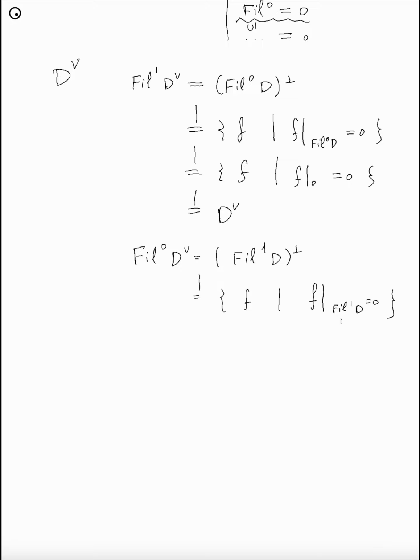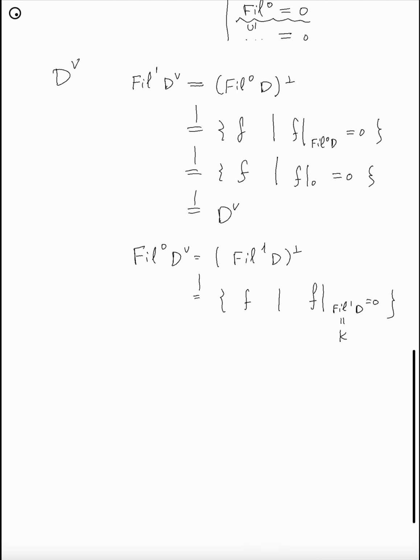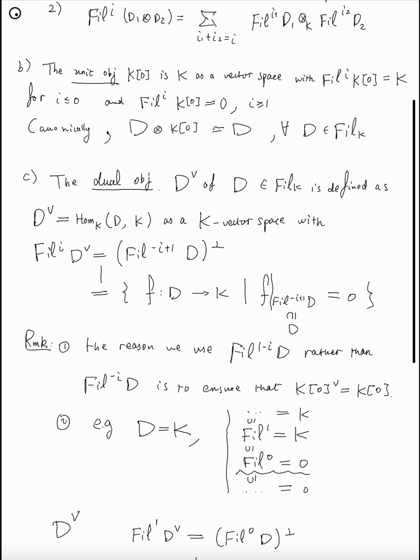Fill^1 of D is K. Then when you restrict to K, you're totally 0. And then what is Fill^(-1) D^DU? This is 1-I, Fill^2 D orthogonal, those that will vanish on it; the bigger the index, the smaller it is, right, for the filtration of D.